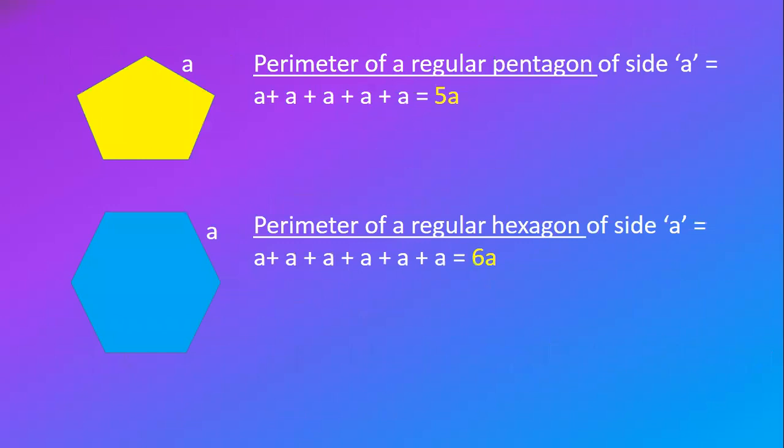In the case of a regular pentagon of side A, the perimeter is given as 5A, that is the sum of the measures of all the sides. And similarly, in the case of a regular hexagon, it is nothing but 6A, that is the sum of the measures of all the sides. And if we see, in all the cases, we have expressed the perimeter by means of an algebraic expression.